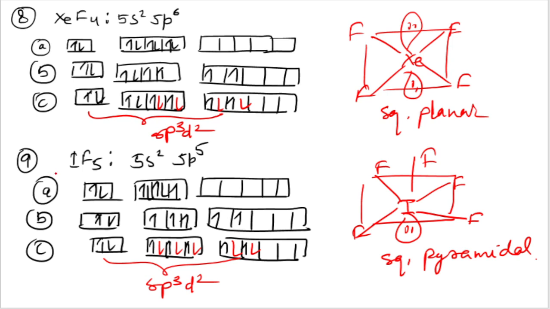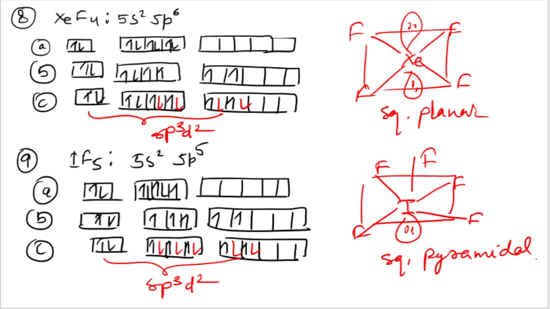And the last example for this is IF5. The electronic configuration is this, and here there is one unpaired electron. So we need five unpaired electrons for this case. So five electrons here are shared as paired electrons, and the hybridization for this case is sp3d2. And the structure is this square pyramidal structure.